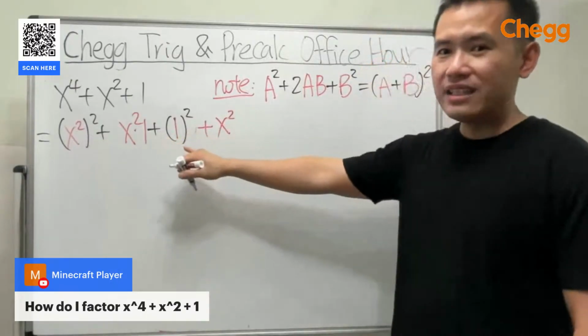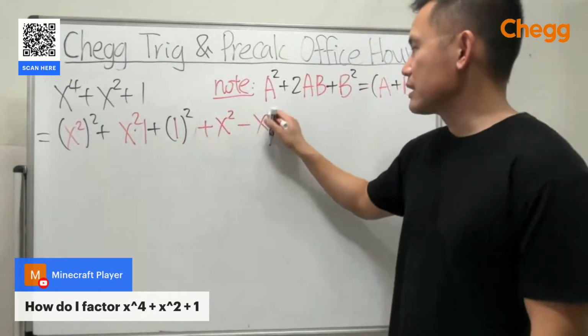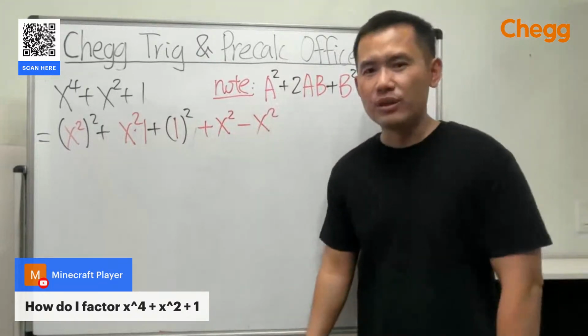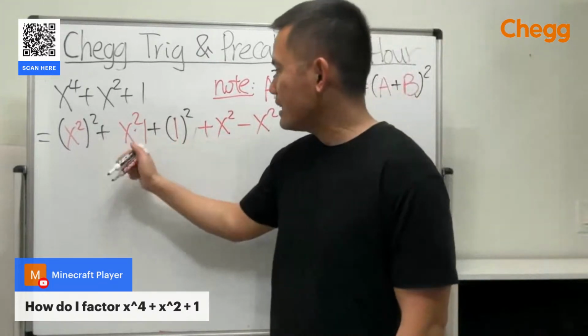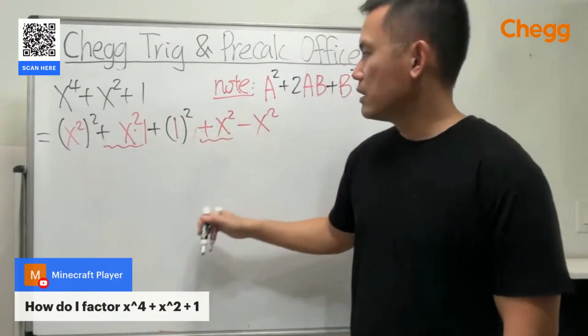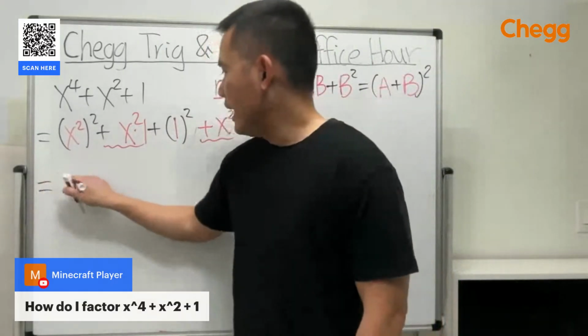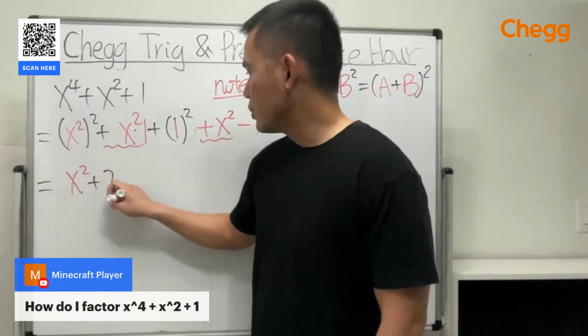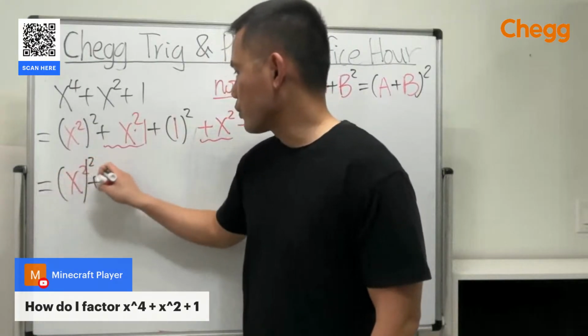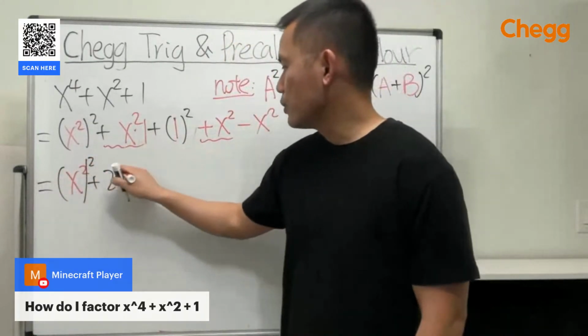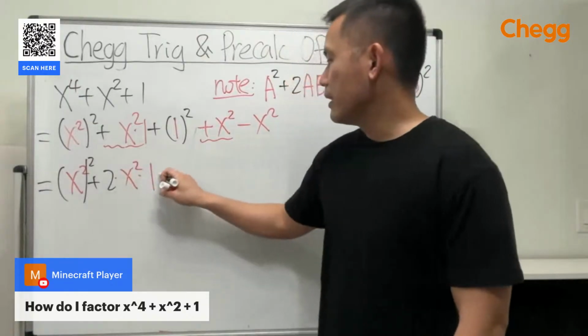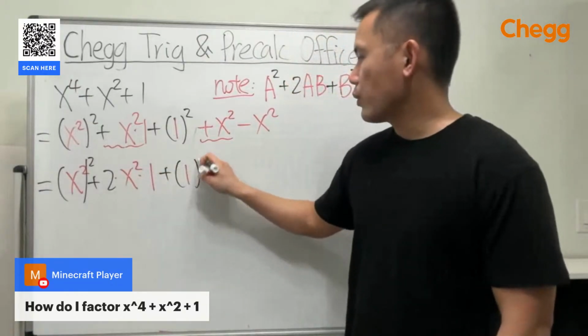But I cannot just add it. It's okay, though. Just go ahead, subtract it. Then we're really adding 0. So if you add this and that together, we will get x squared squared plus 2 times x squared times the 1, and then plus 1 squared.